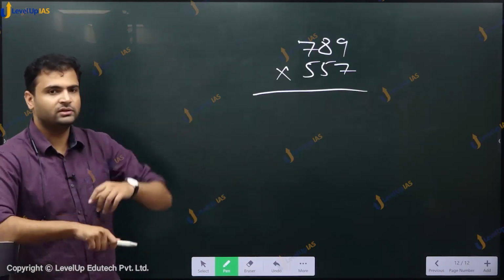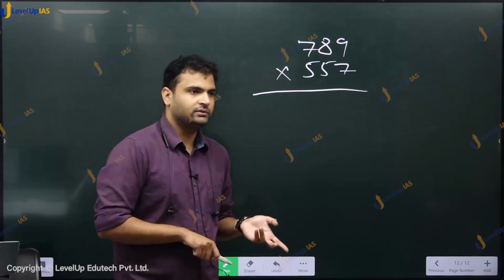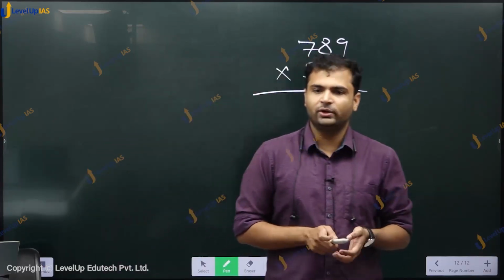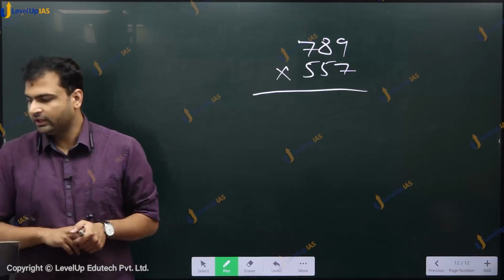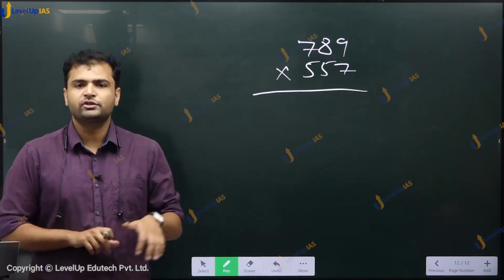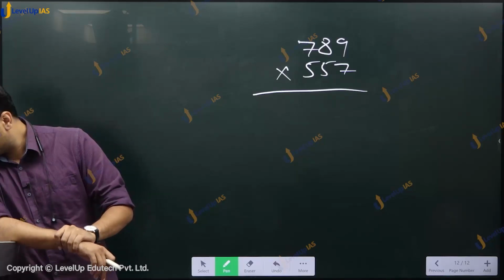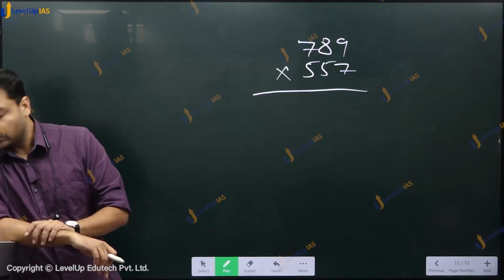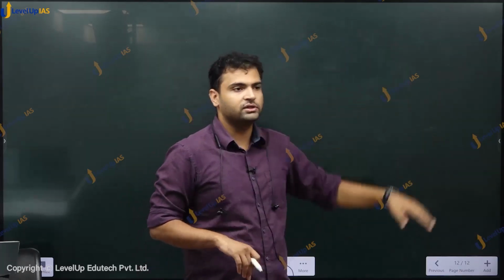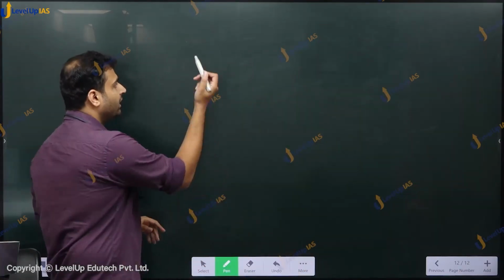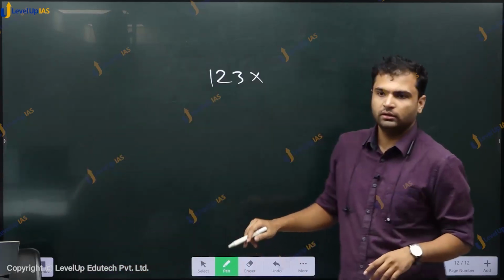Other few basic rules. Any number multiplied by 1 is that number itself. Any number multiplied by 0 is 0. Any number multiplied by itself is called its square. Another terminology. Then what is number multiplied by 10, 100, 1000, etc.? If we have any number, let us say 1 2 3, and we multiply it by 10, क्या होगा?